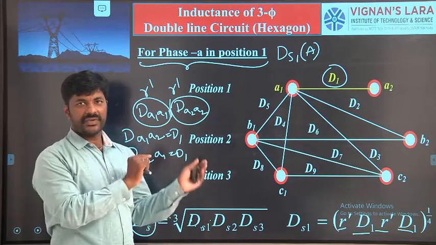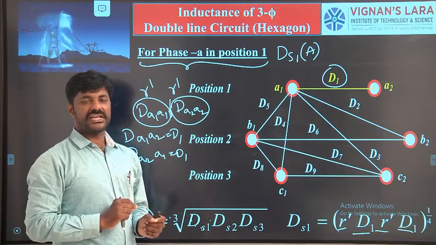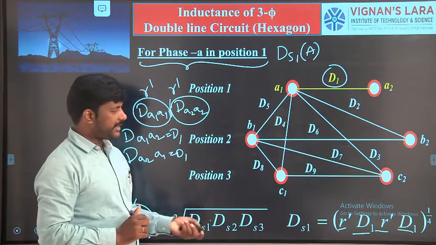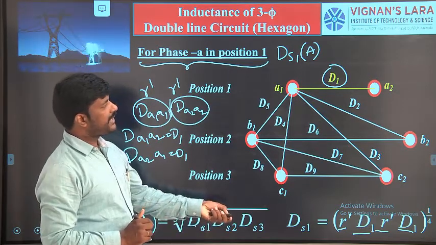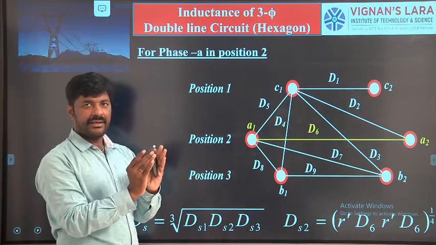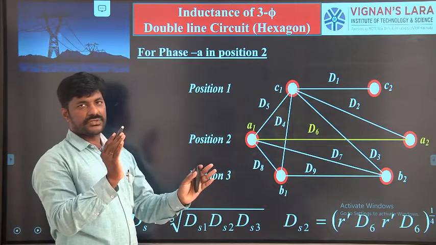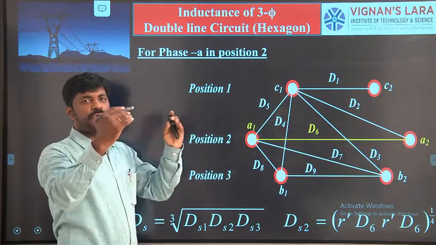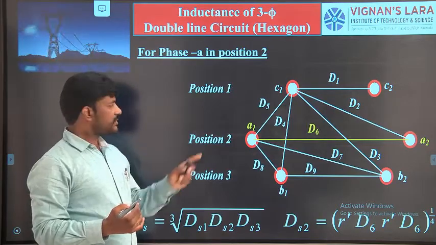Because we are going for transposition, changing its position frequently, next Ds2 should be calculated. What is Ds2? It is whenever the same phase conductor A, on both circuits, circuit 1 and circuit 2, changes its position from top to middle. That is called position 2.